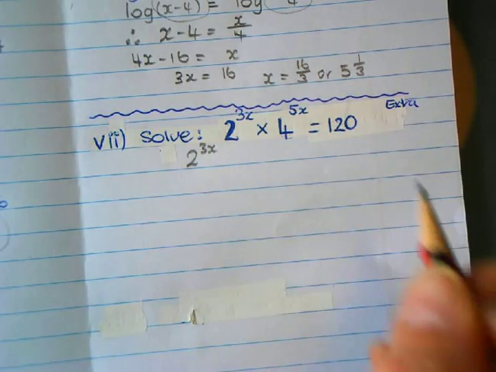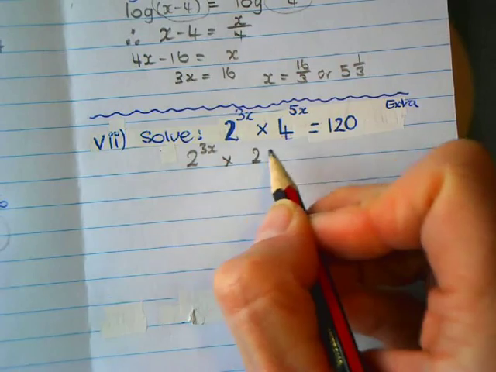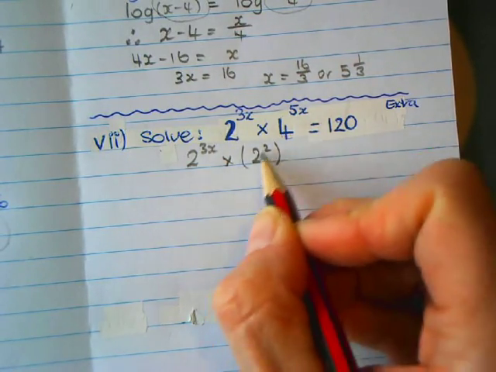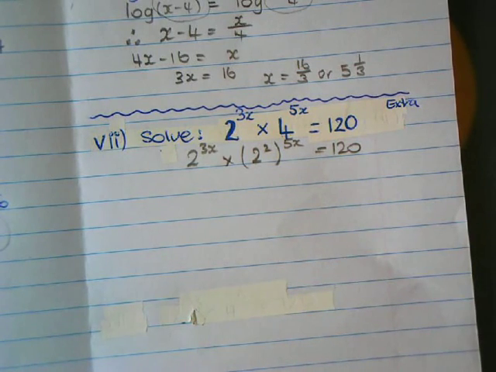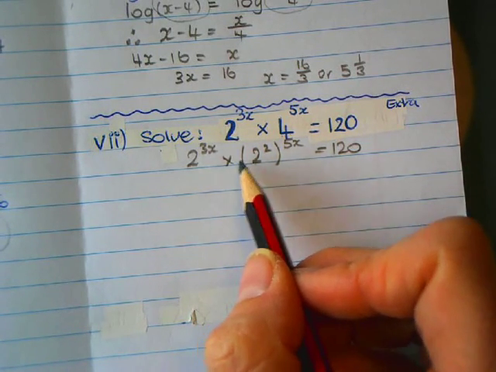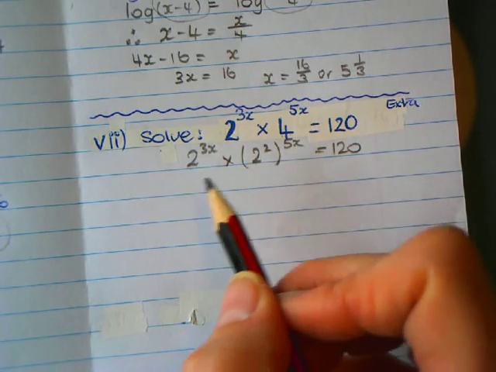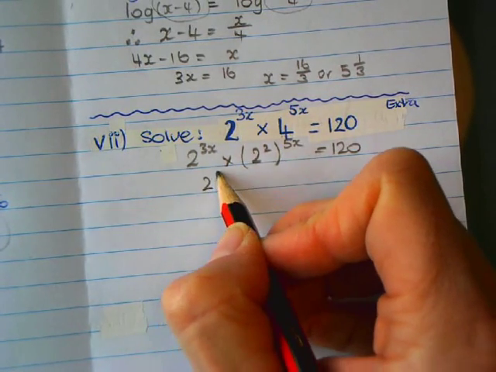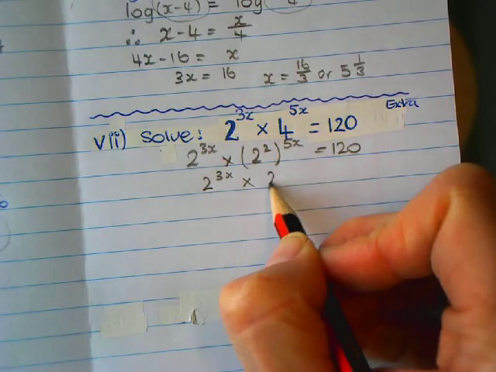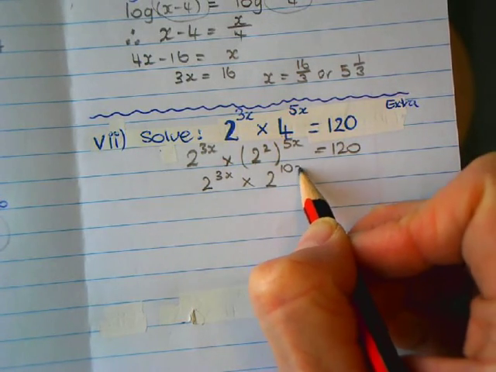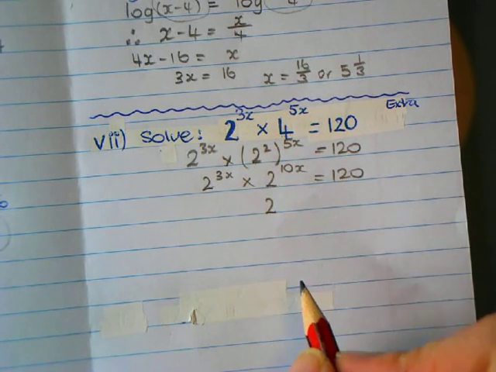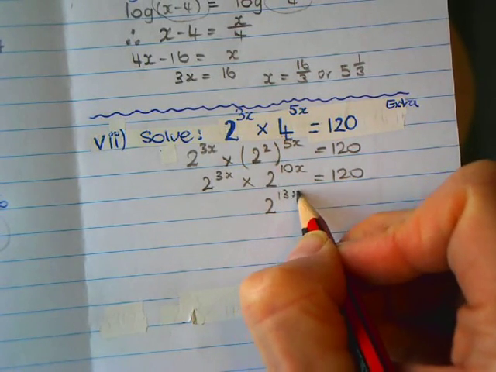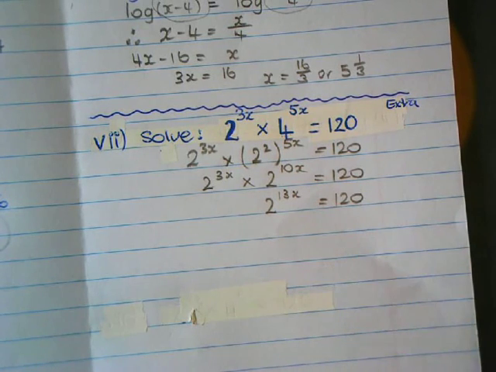So I have 2 to the power 3x times, rewrite 4 as 2 squared, 5x, equals 120. Now 2 to the power 3x times 2 to the power 10x: given I've got the same base, I'm now allowed to add the powers. 13x equals 120. Now we go to our logs.